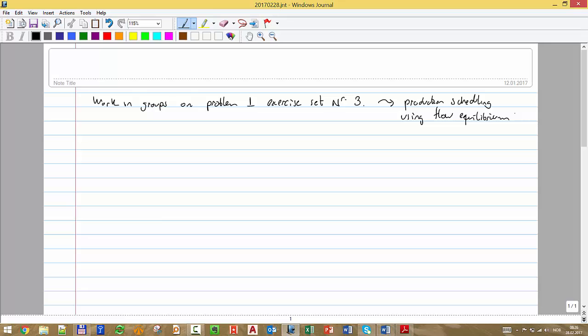Then the second part of the class, we are going to have a short discussion on networks. How do we solve equilibrium with networks? So that's the menu. Then network solving, or also what we call flow equilibrium in networks.